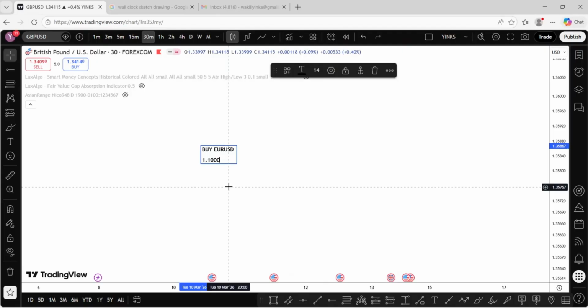You're buying at exactly 1.1 thousand. And let's assume you bought at this price level, and price now moves to 1.10050.